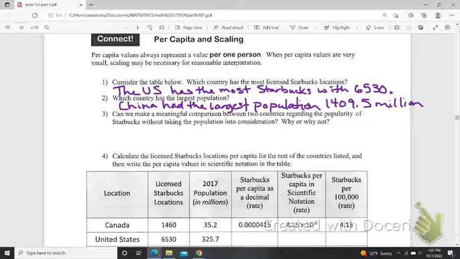And so could we make a meaningful comparison between two countries regarding the popularity of Starbucks without taking the population into consideration?